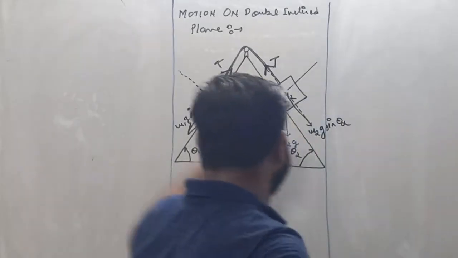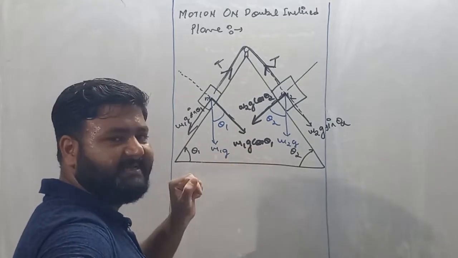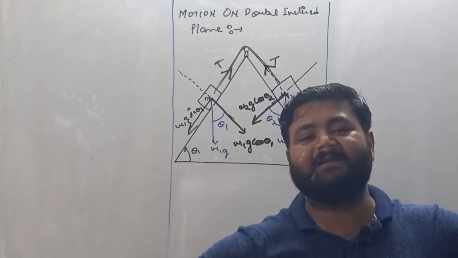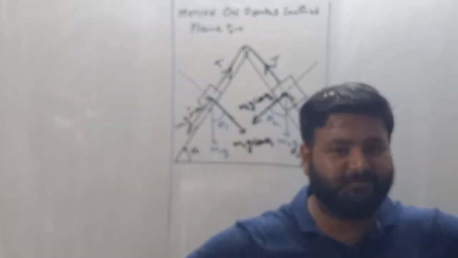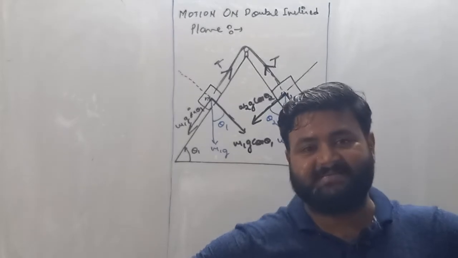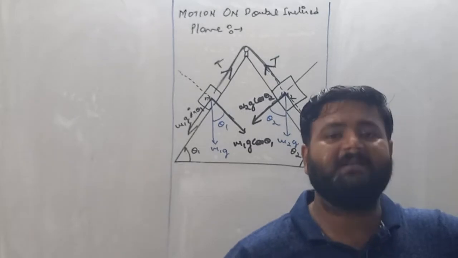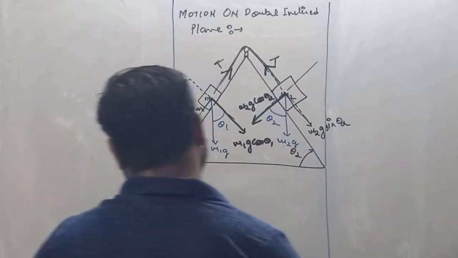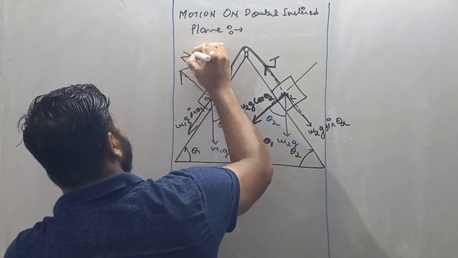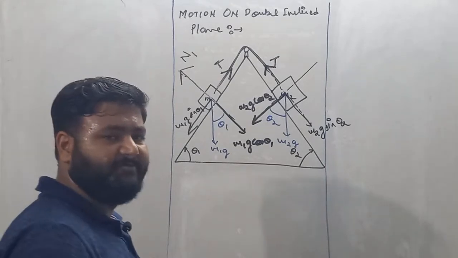So if this block applies force m1g cos theta 1 on the inclined plane, then the inclined plane also applies a force, that is the normal reaction force, my dear student, because we know that if two bodies are in physical contact with each other, then there is a force called the normal reaction force. So here we have one more force in this direction, it is normal. Let's suppose this normal reaction force is N1.